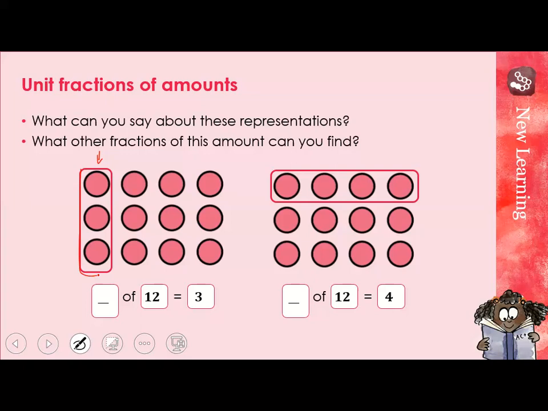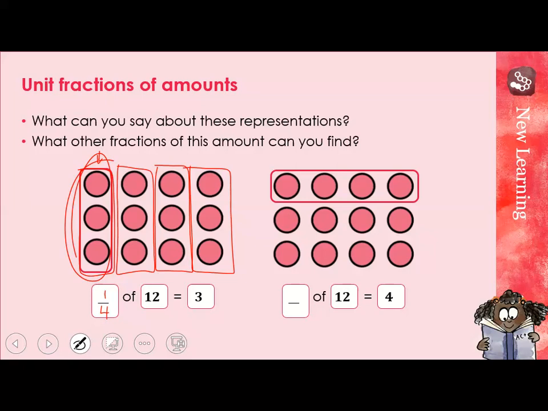Well, I've got 1 column of 3 there, 2, 3, 4. So I've split the 12 into 4 equal parts. And here I've taken just 1 of those equal parts. So 1/4 of 12 is equal to 3.